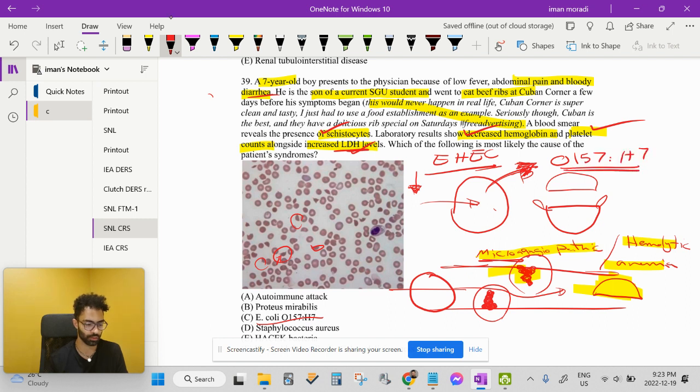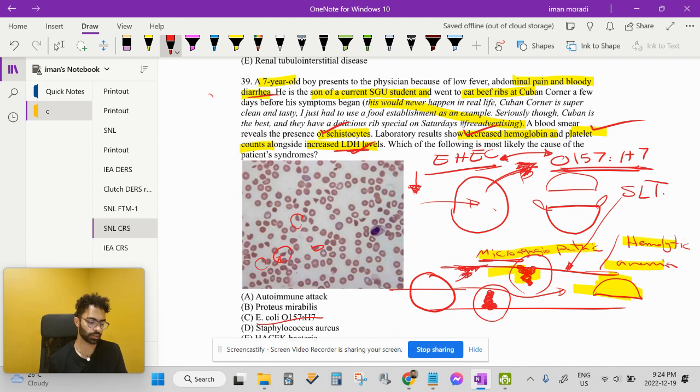This serotype is important because it's associated with this. This type of E. coli has a specific toxin. It's called a Shiga-like toxin, and Shiga-like toxin likes to cause problems for the inside of vessels. So it causes little damaged areas that platelets can then bind to.